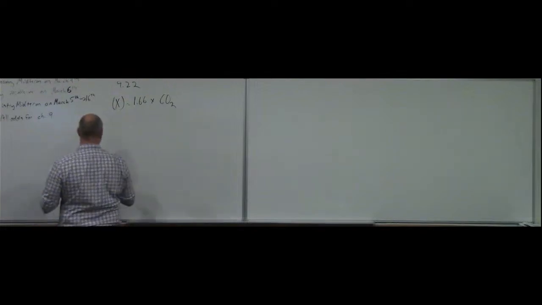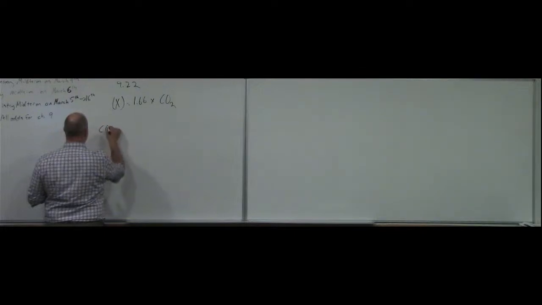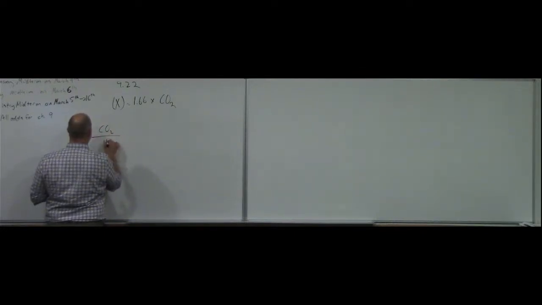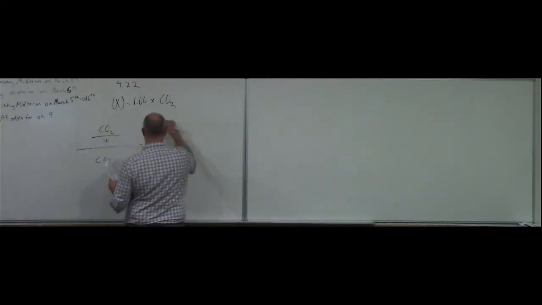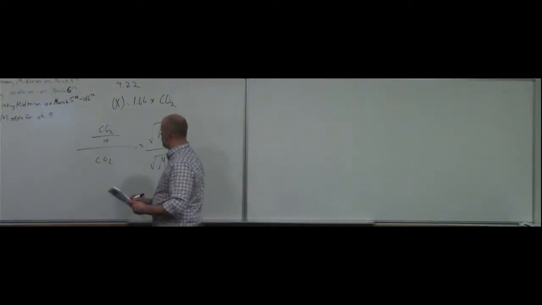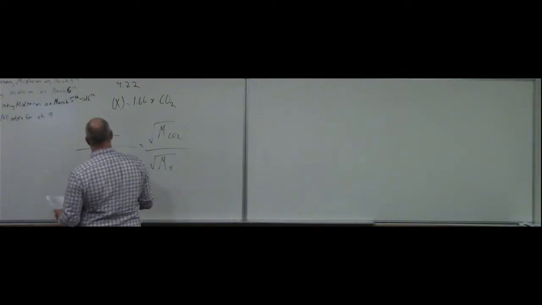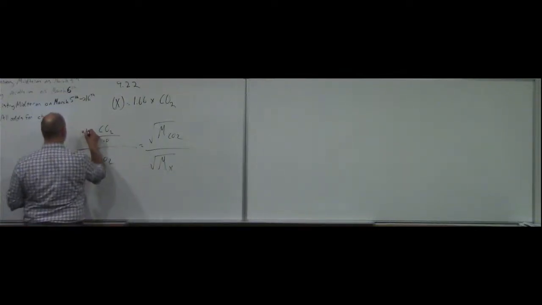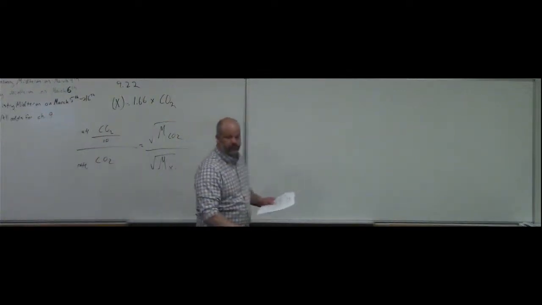So it's going to be the rate of CO2 divided by 10 times the rate of CO2 equals the molar mass of CO2 over the molar mass of X. Does it seem right to you? This is rate. This is rate. Okay, so we need the rate of CO2.